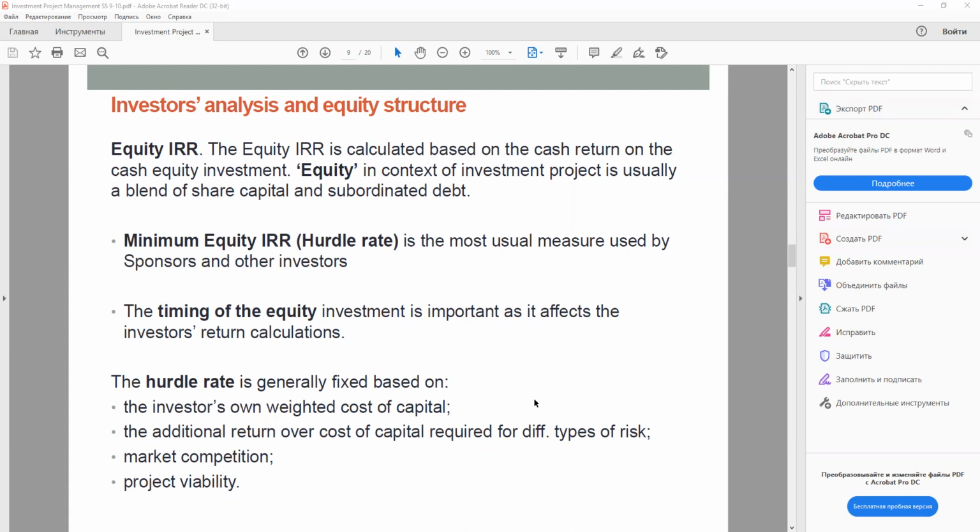Equity IRRs in projects with moderate risk, such as a power project with a power purchase agreement, or in infrastructure projects with limited usage risks, located in low-risk countries, tend to be in a range of 12 to 15% per annum. That is pre-tax and on a nominal basis.